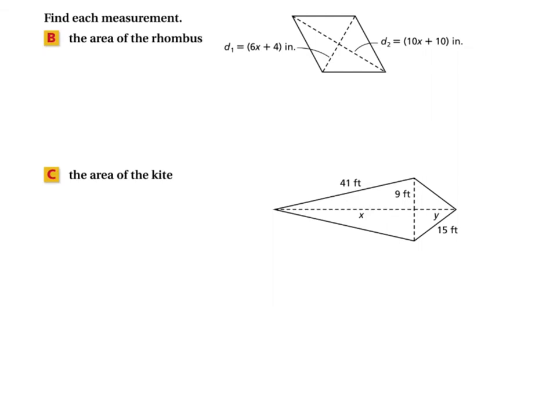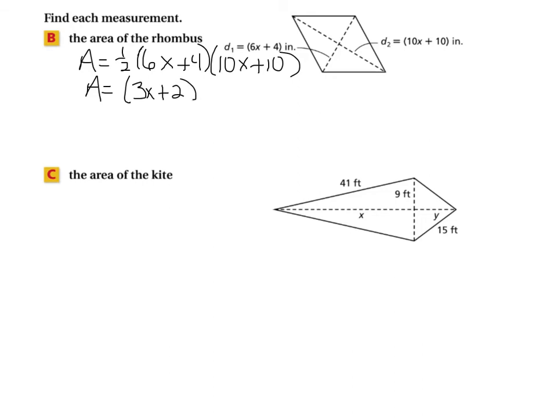All right, example B. Find the area of a rhombus. Well, the area of the rhombus would be multiplying the diagonals together and multiplying by 1/2. In this case, we have two binomials that we are going to multiply together. The first thing I'm going to do is, rather than actually multiplying these together, I'm just going to distribute the half. And I'm going to get 3x plus 2. Now, you don't have to multiply the half right away. You could FOIL first.